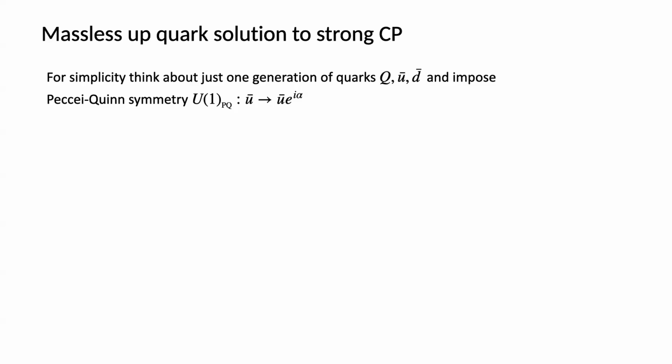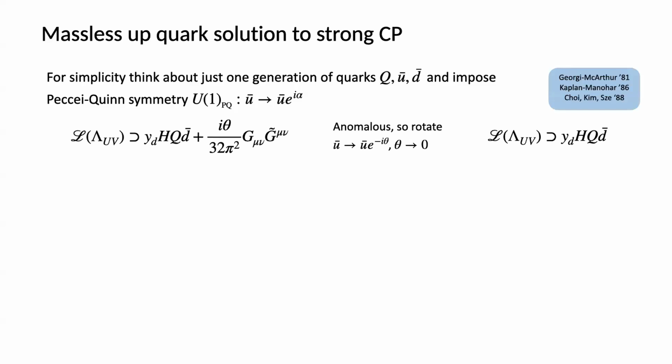So what happens? Well, you impose this symmetry, and that means that all you can write down in the UV is the down quark Yukawa, as well as this topological angle for QCD. And already at this stage, by computing that invariant on the previous slide, you can see there's no CP violation here, no CP violation allowed.